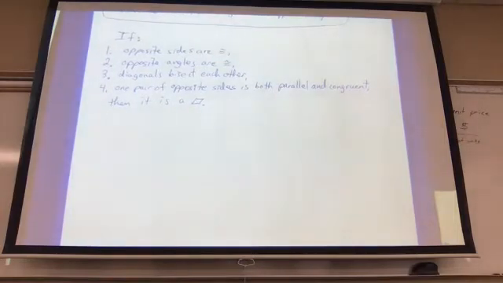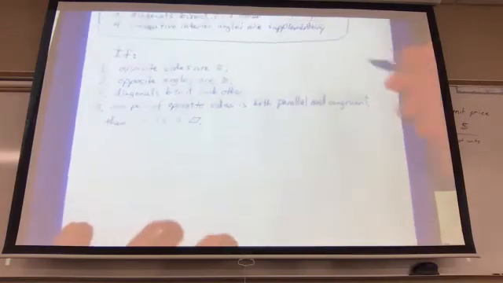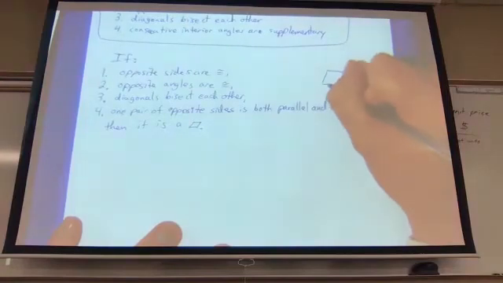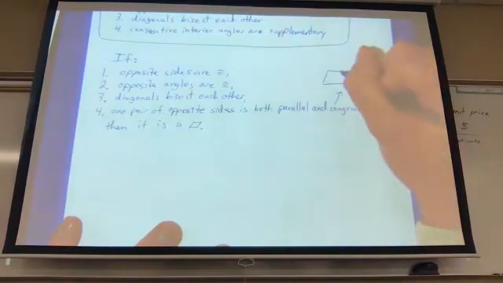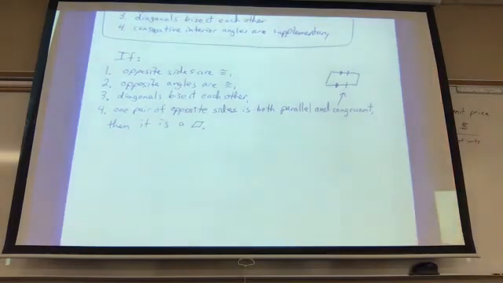If that happens, then it's a parallelogram. So this is your one and only new theorem. So let's draw a picture of what that's going to look like. If you have a four-sided figure where you have a set of opposite sides, take the top and the bottom. They're both parallel and congruent, then that makes it a parallelogram.